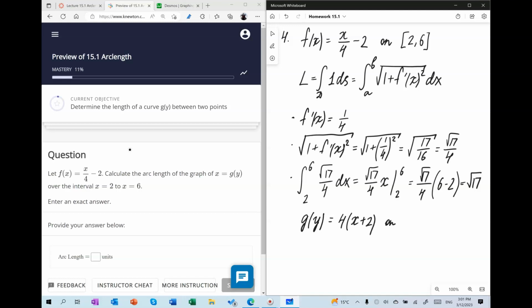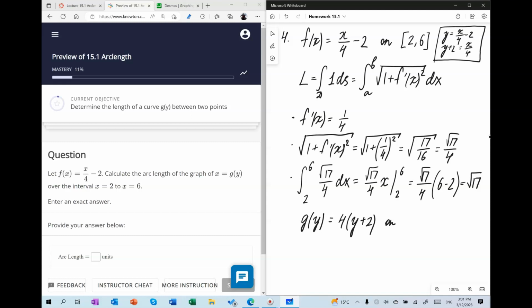However, this should be y here, not x. And the way I got this is from manipulating this equation and isolating x. So we can do that by adding 2 to both sides and then multiplying both sides by 4. And then you can see how x becomes 4 times y plus 2.